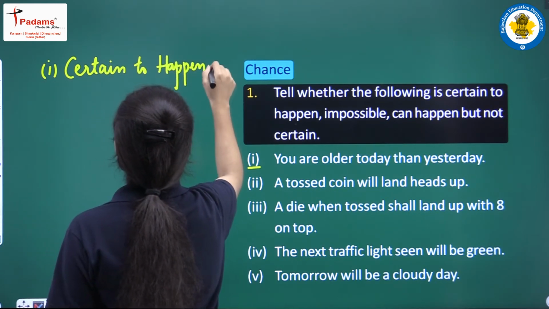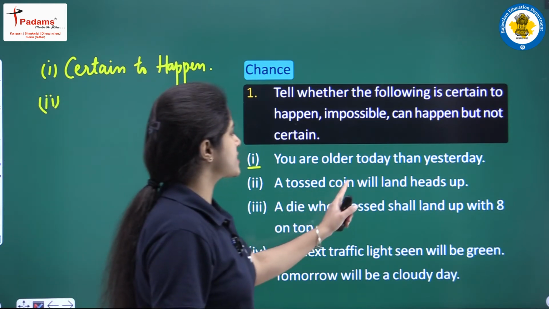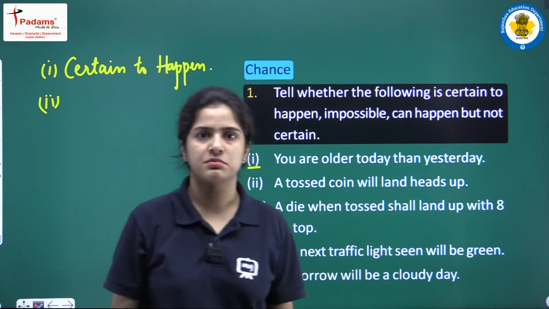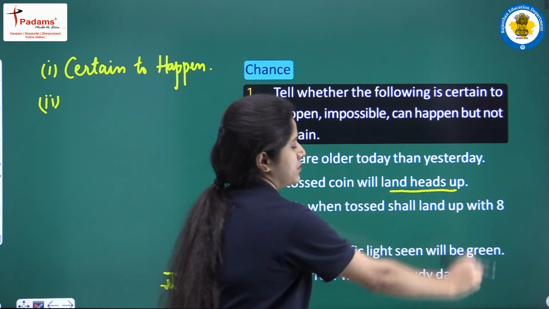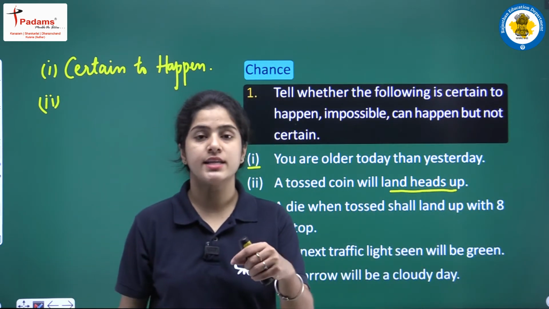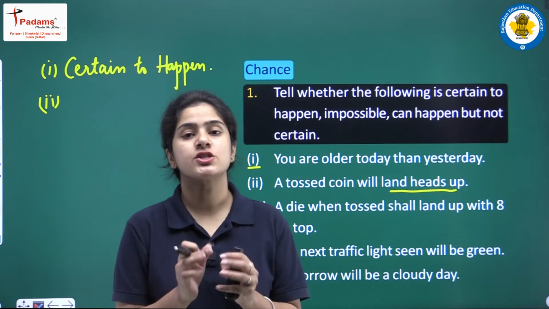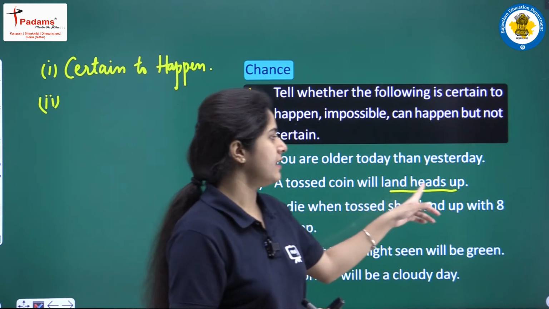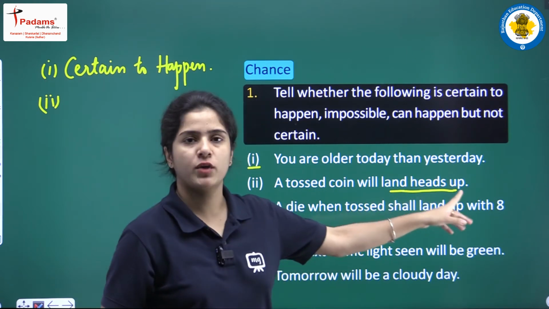Alright students, now the second part. A tossed coin will land heads up. Now students, when you are tossing a coin, it can land heads up and it can land tails up. So it's not sure that it will land heads up, but it can land heads up.